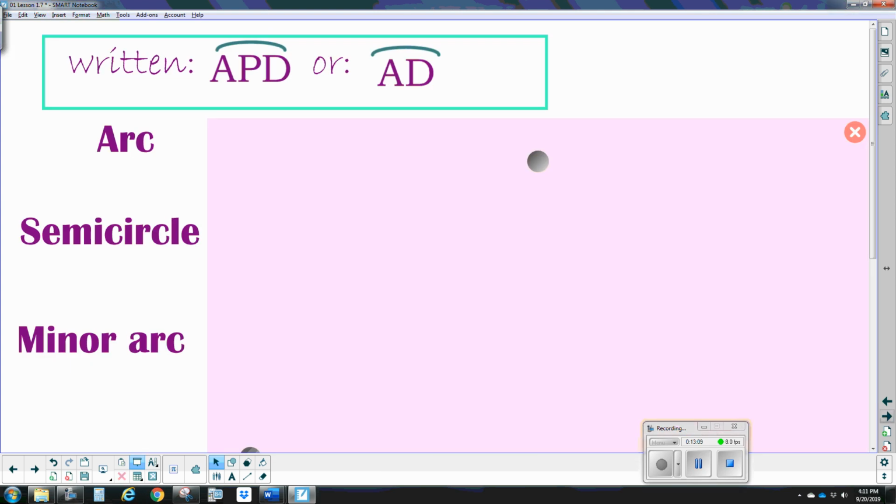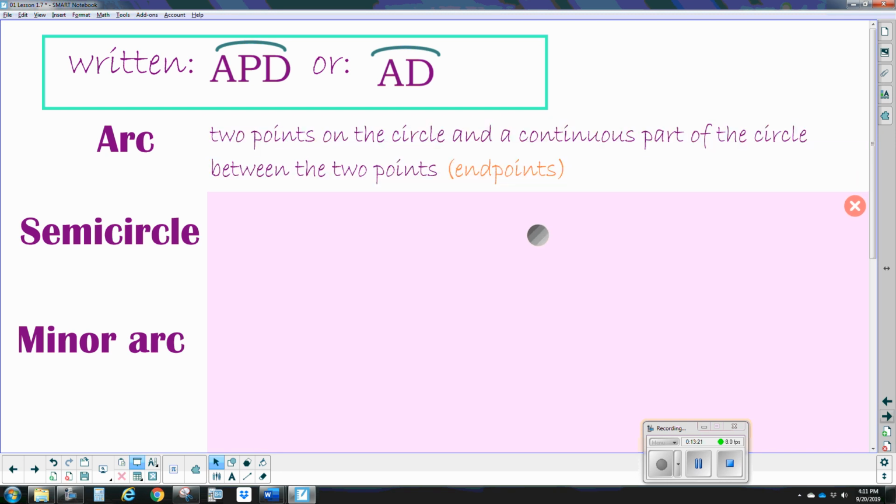So how do we write all of these things? Well, when we're talking about a set of points within a circle, we call that an arc. Okay, so it's not a segment, but it is an arc. So an arc consists of points on a circle and the continuous part of that circle between those two points.